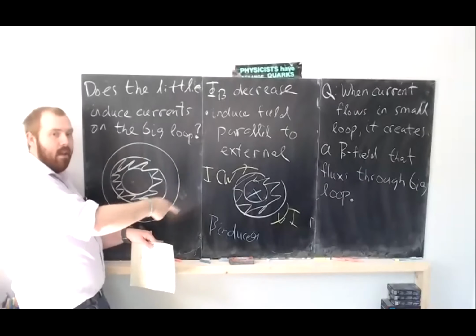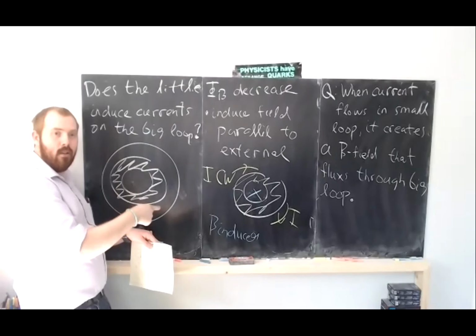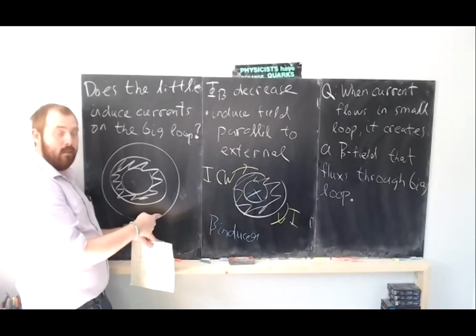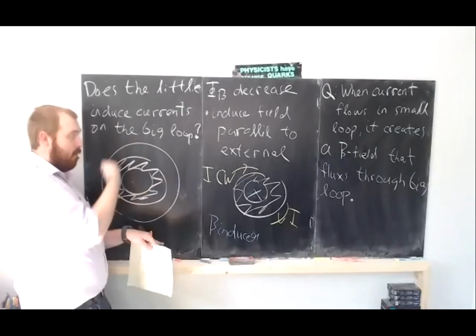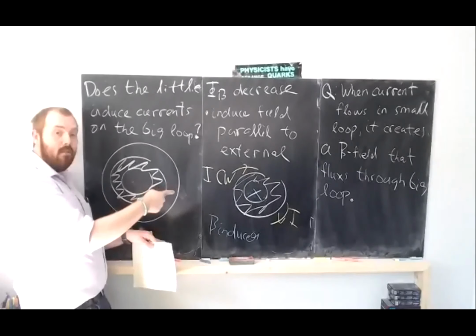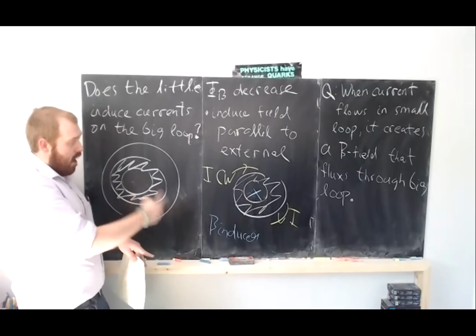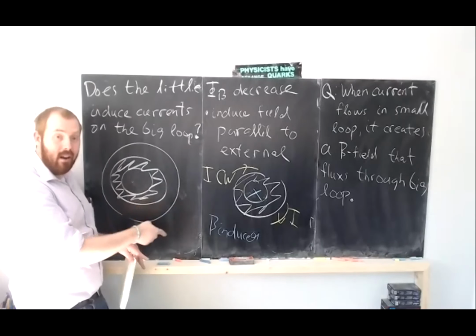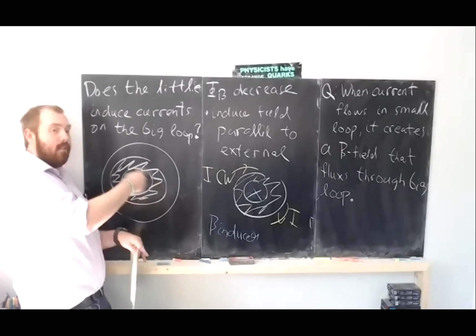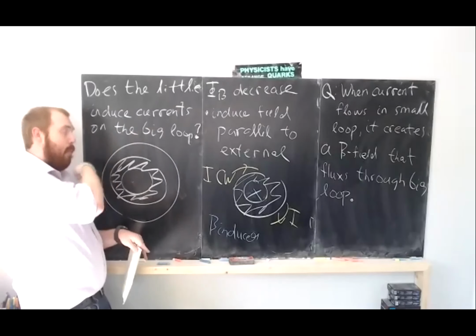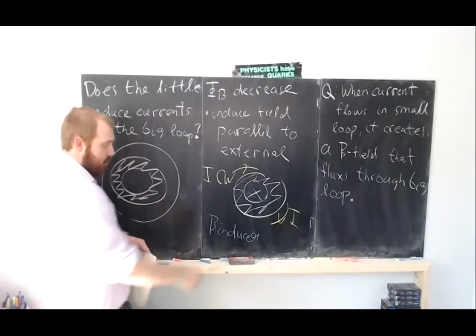And that big loop says, okay, try and create a current. And that changes with time, right? Well, the current of this guy's changing, which then induces a current back in the little one. And so there's this symbiotic relationship. One's inducing the other, and then back and forth.